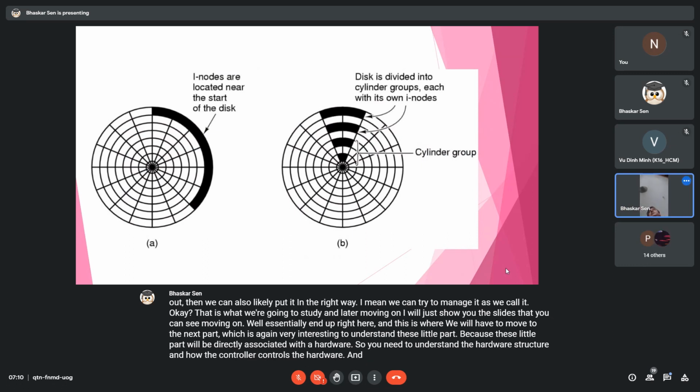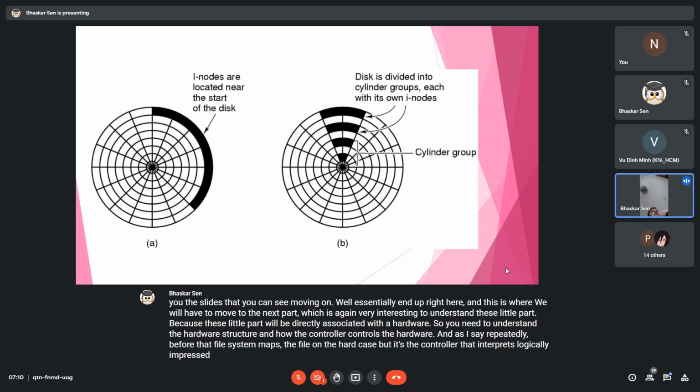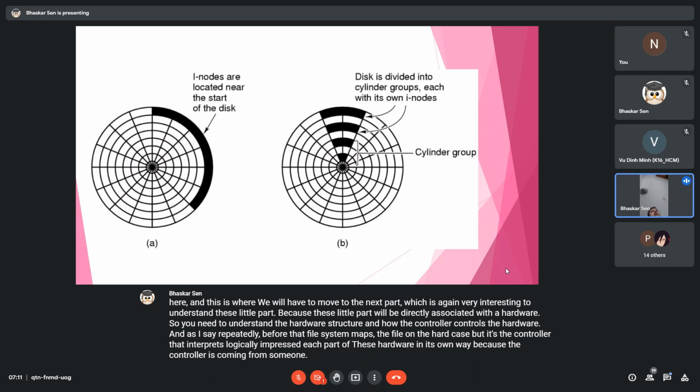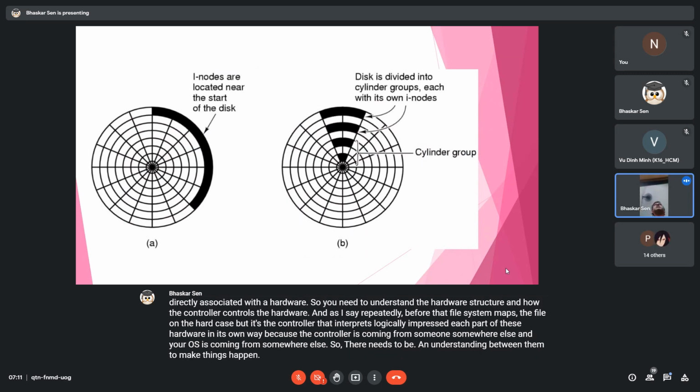As I said repeatedly before, the file system maps the file on the hard disk, but it's the controller that logically interprets each part of this hardware in its own way, because the controller is coming from someone somewhere else, and your OS is coming from somewhere else. So there needs to be an understanding between them to make things happen. Well, we'll see it in a moment when we go there.